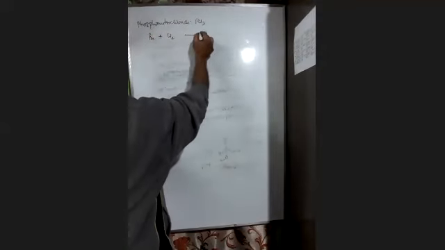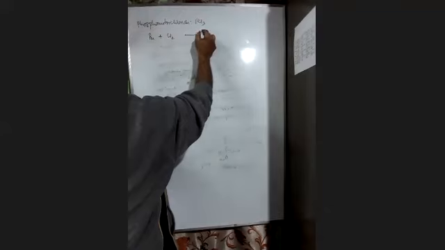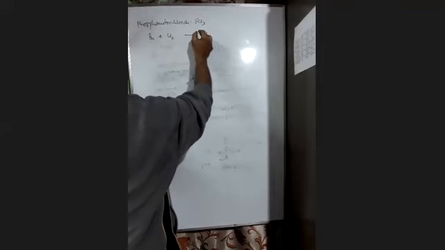It is prepared by heating white phosphorus in presence of chlorine. P4 plus 6Cl2, if you heat it, you will get 4PCl3.